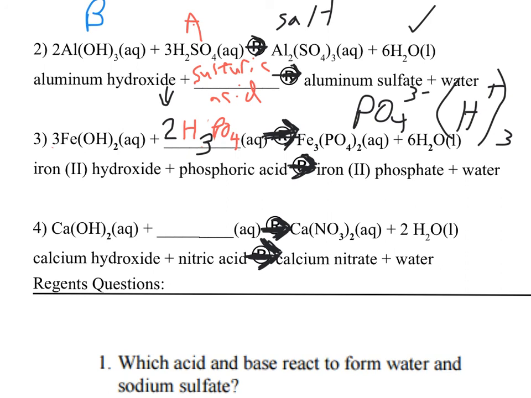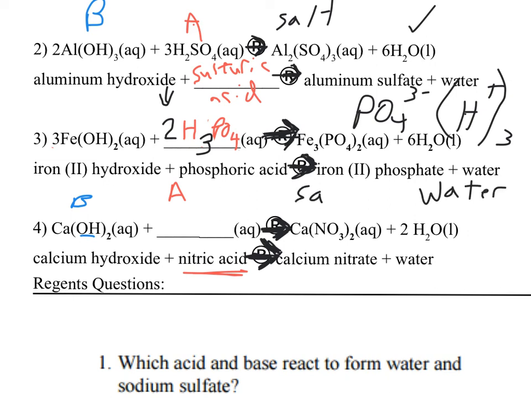We have CaOH2 plus something gives us CaNO32 plus 2 waters. The first thing I'm going to do is label my acids and bases really quick. I see this has an OH, that makes this the base, so I can assume that this is the acid, and it also tells me nitric acid.